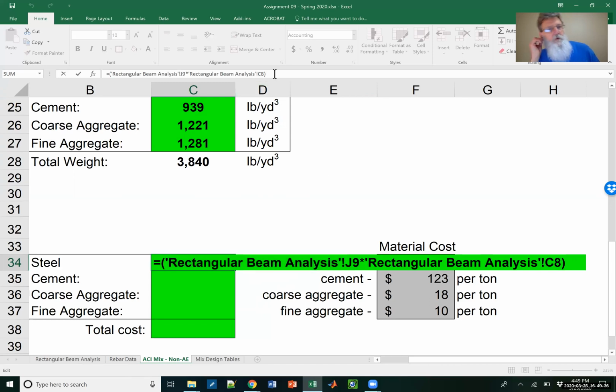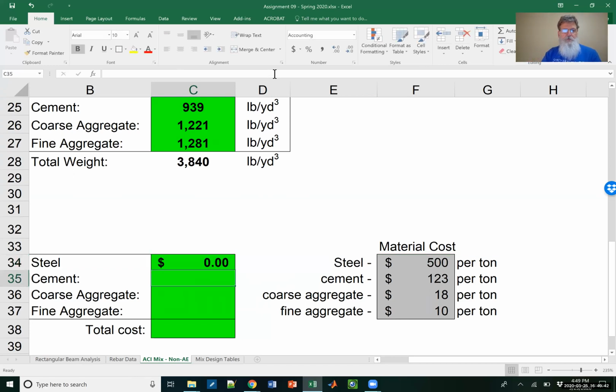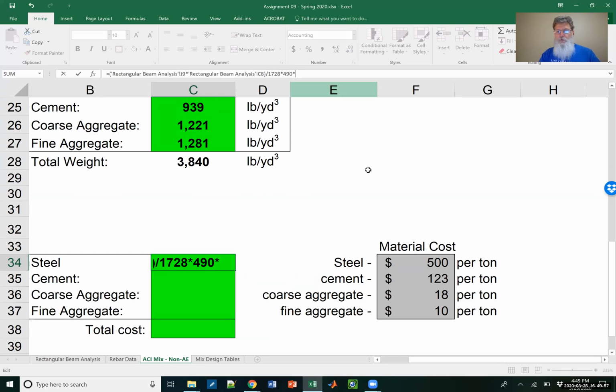You might remember that's in cubic inches, so I need to divide that by 1728, and that'll convert it to cubic feet. So now you can see I have a really small number. And then I'm going to multiply that by the weight of steel, which is 490. Then I'm going to multiply that by the unit cost, which happens to be right here on this sheet, 500. That's in F34, and then divide by 2,000.